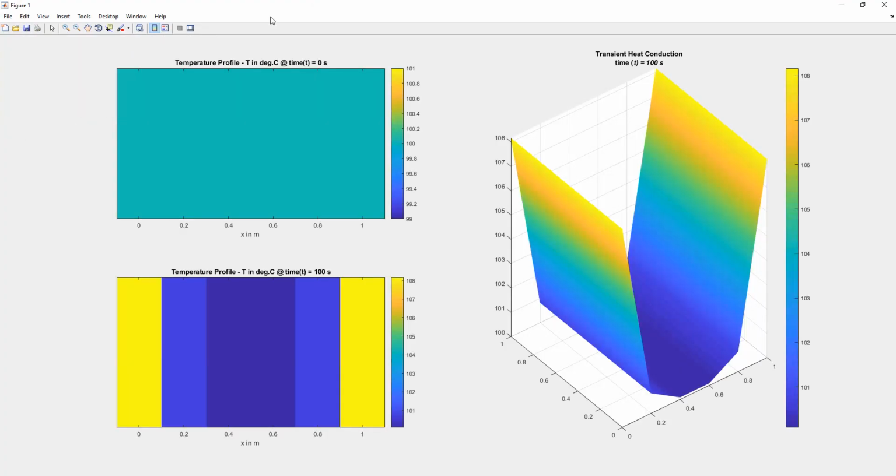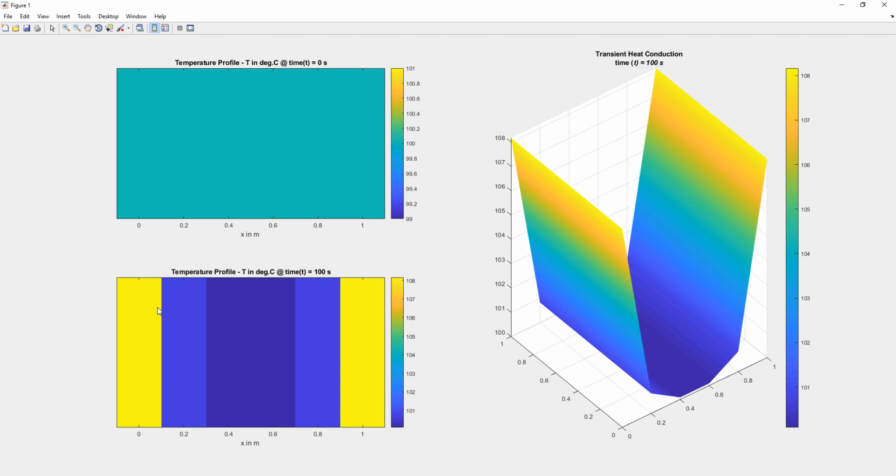On the left hand side, top portion, we have the initial temperatures of all nodes, and the temperature is at 100 degrees Celsius. On the left hand side, bottom portion, at time equal to 100 seconds, we see the temperature distribution.